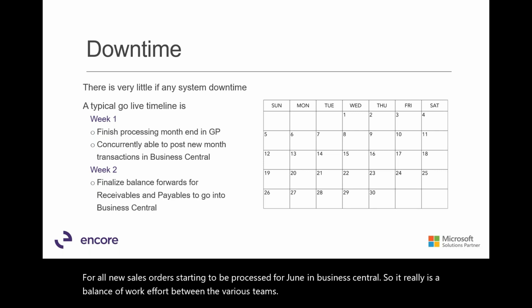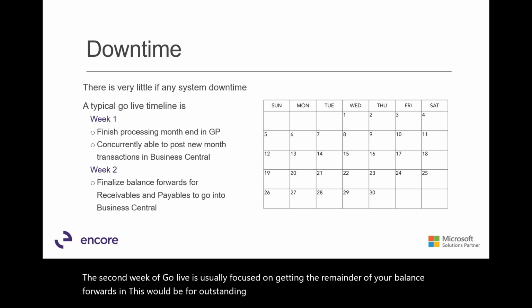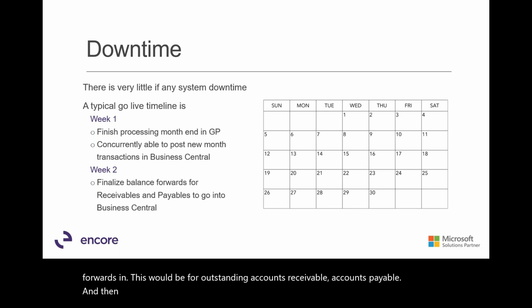The second week of go live is usually focused on getting the remainder of your balance forwards in. This would be for outstanding accounts receivable, accounts payable, and then eventually the GL net changes for the remaining months into Business Central.